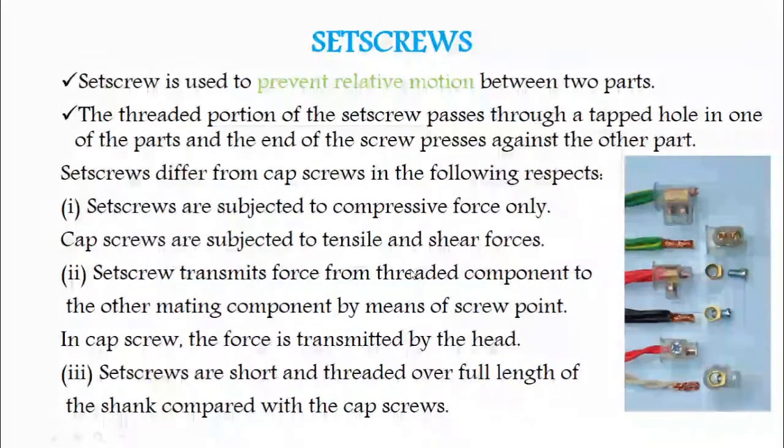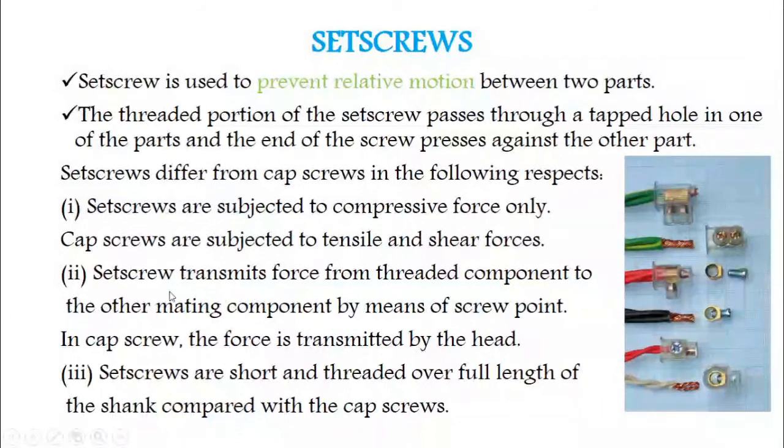Set screws differ from cap screws in the following respects. First, set screws are subjected to compressive forces only, but cap screws are subjected to tensile and shear forces.